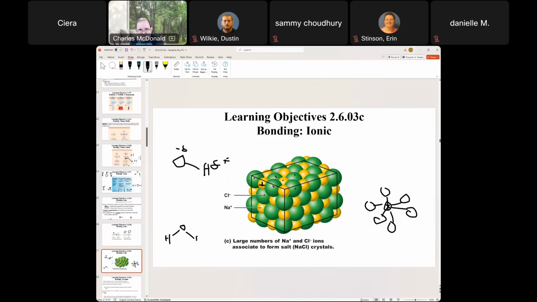This guy's going to attract the sodium because oxygen has a partial negative. These guys are going to attract the chlorine. And that's how water dissolves salt.